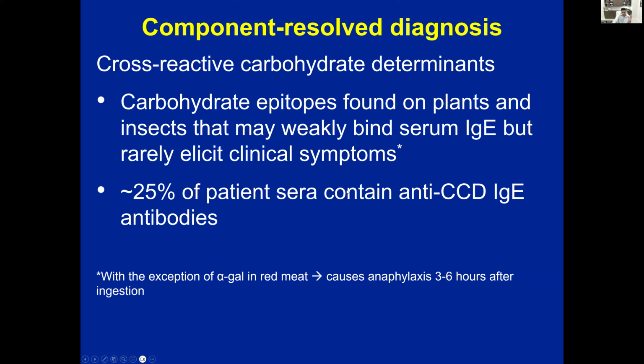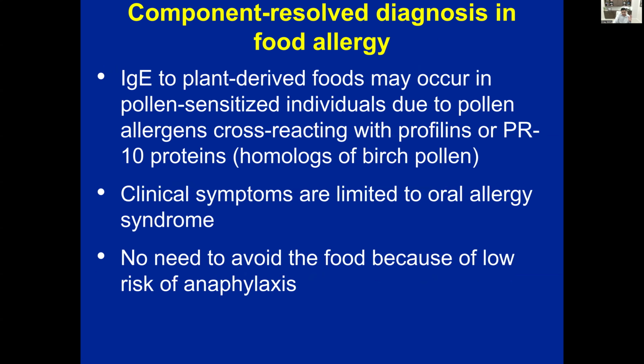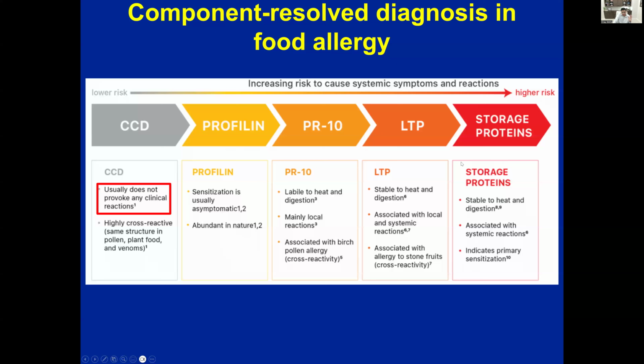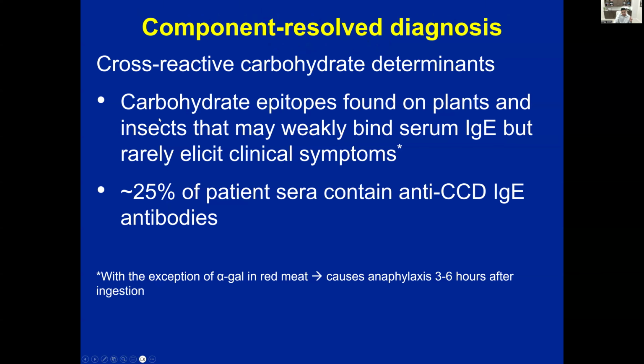When you look at component resolved diagnostics, you can get IgE antibodies to different components of the allergenic protein. You may have IgE antibodies against what we call CCD determinants, which are cross-reactive carbohydrate determinants.